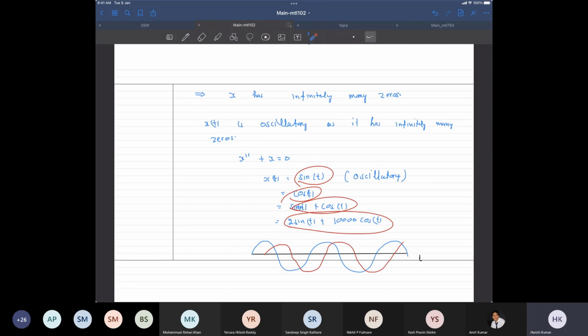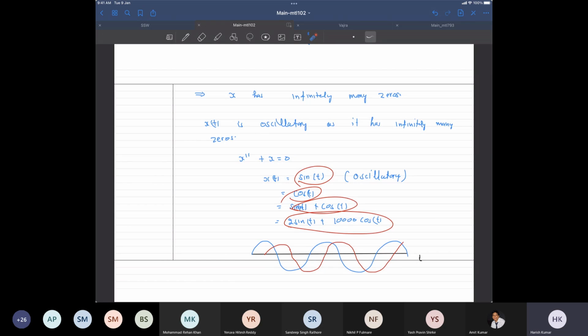Then I can always say that this function, although I have no idea what it is, has exactly one zero between 0 and pi. Similarly, whatever that function, you can take any linear combination of sine and cos, that will have exactly one zero between 0 and pi. Exactly one zero between pi by 2 and 3 pi by 2. And so on and so forth.